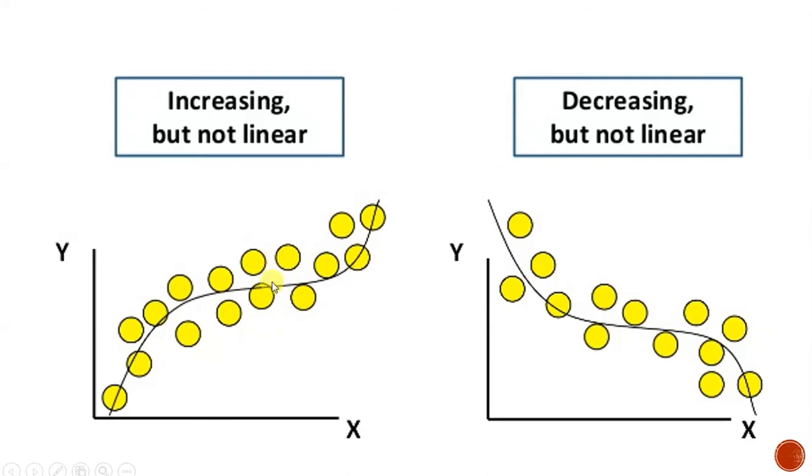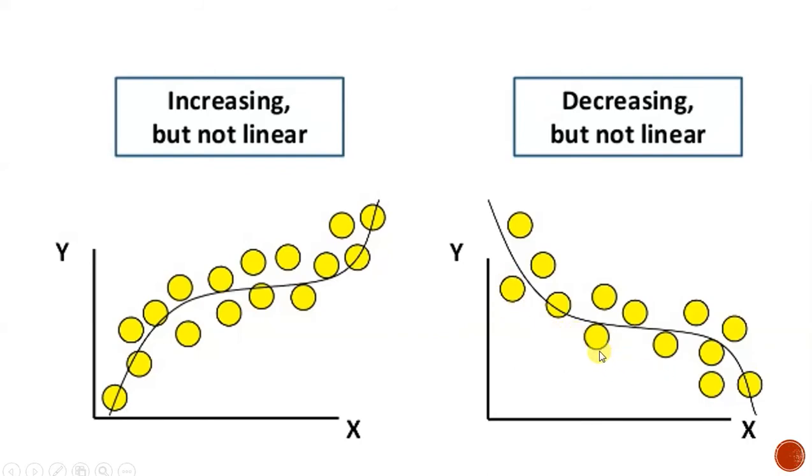When we plot a straight line, we see that these points deviate from the model line, which shows that there is no linear relation present, but they are increasing. The opposite case is seen here, when the data line is decreasing, and it shows no linear pattern but a decreasing trend.